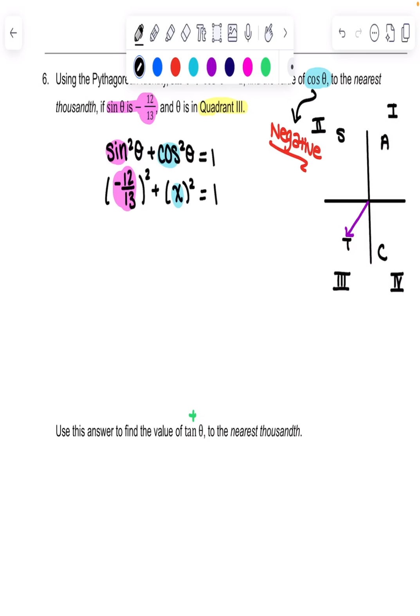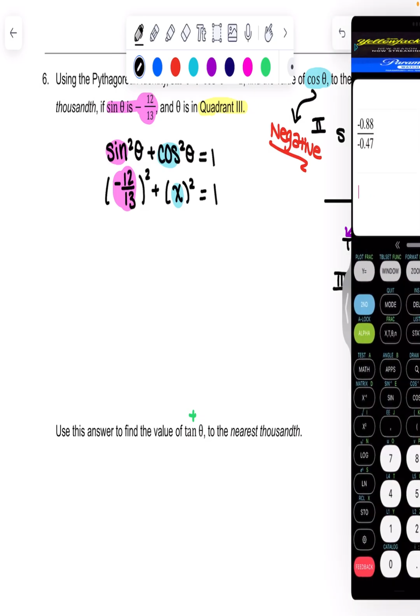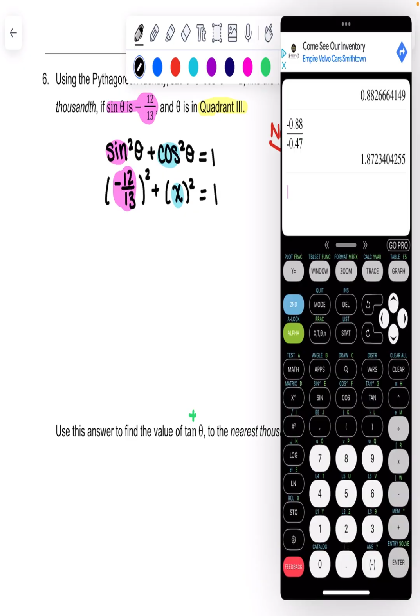Alright, now a lot of you are probably like, how do I type this into my calculator? You're going to put a parenthesis just so the calculator doesn't get confused, because sometimes it does. Make sure you put your negative in, because we're squaring things. We need to keep the parentheses. And then put your negative. And then we're going to go alpha y equals enter to get the fraction bar.